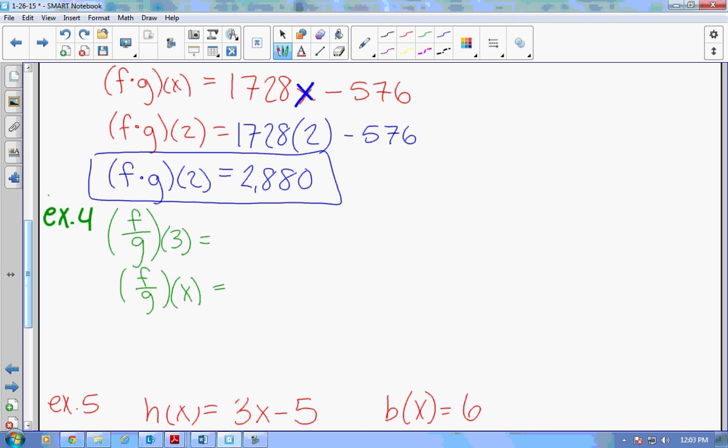Or individually, because it's probably easier to see it individually. Everything's divided by 12. Okay, yep, good so far. I'll simplify it. Make sure it's simplified.